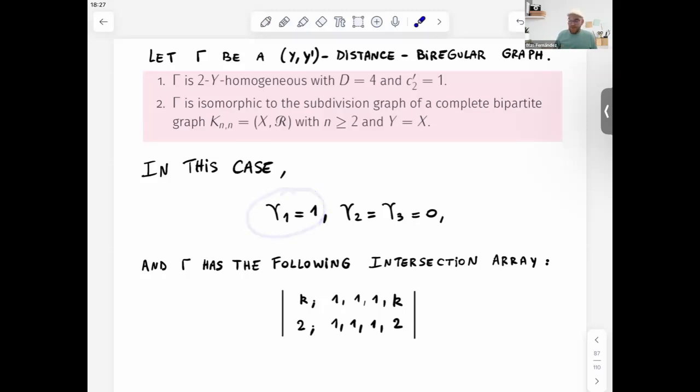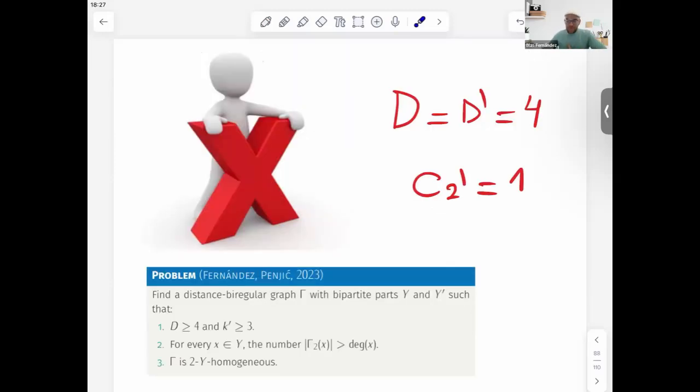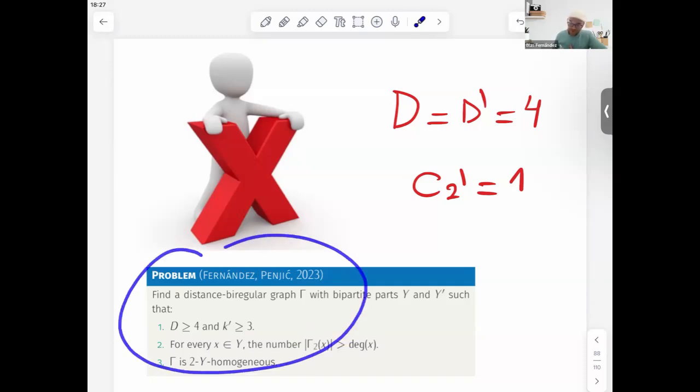So gamma 1 is 1, but all the other scalars are 0, and we have a graph with the following intersection array. But of course, this graph is not a solution of the problem that we had, because in this condition here we have equality. So a solution of this problem would be with c2 prime greater than or equal to 2.